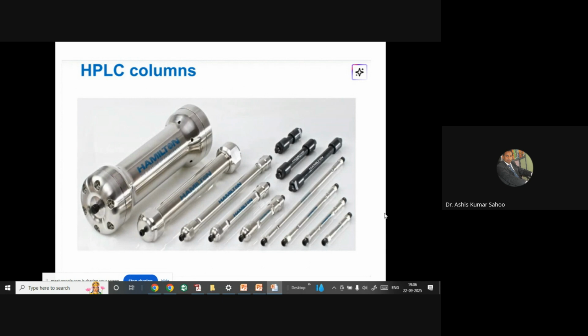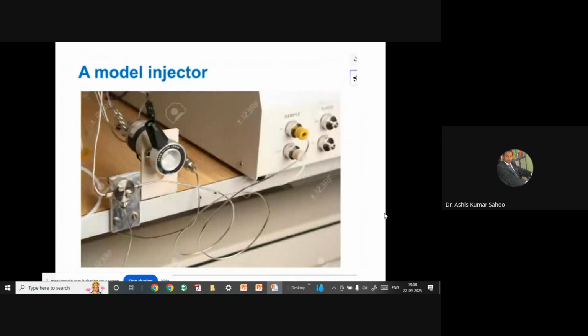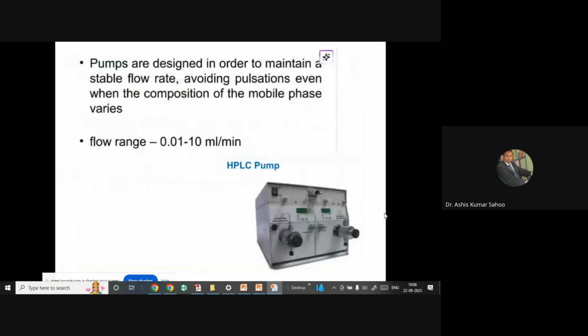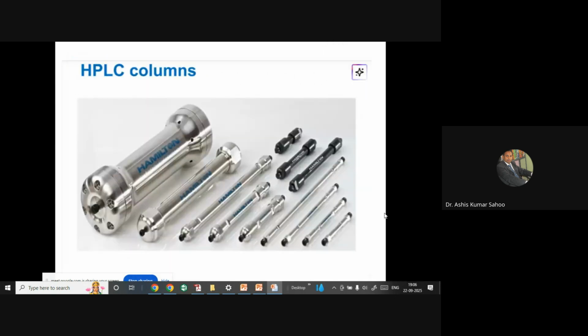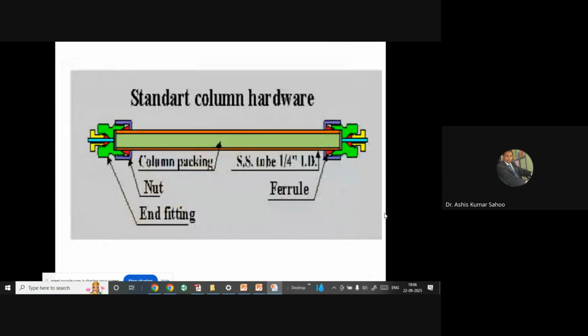You can see these are the different parts of HPLC. This is the column, this is the injector, this is the pump. These different parts are assembled in the HPLC machine. Here you can see standard column hardware.